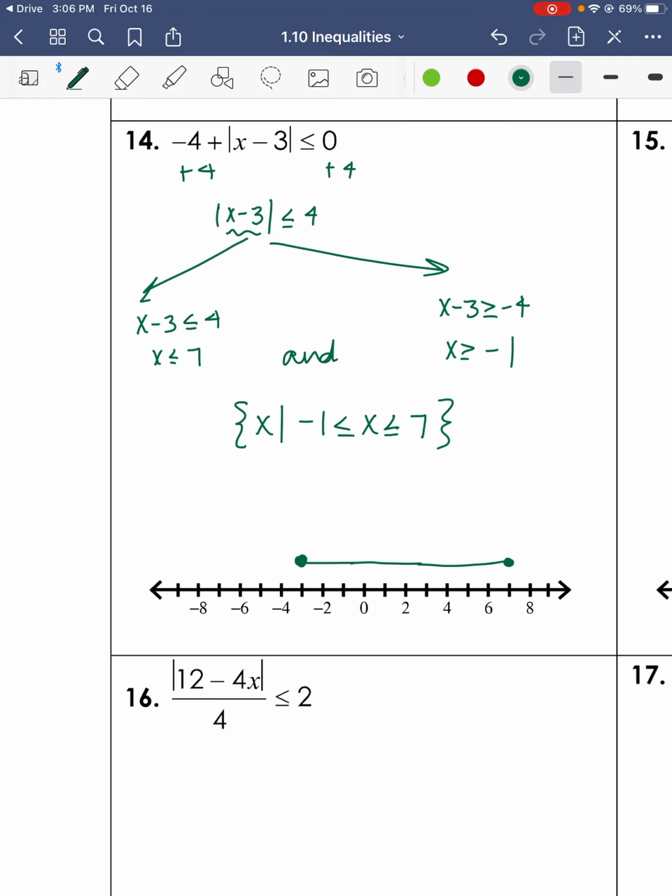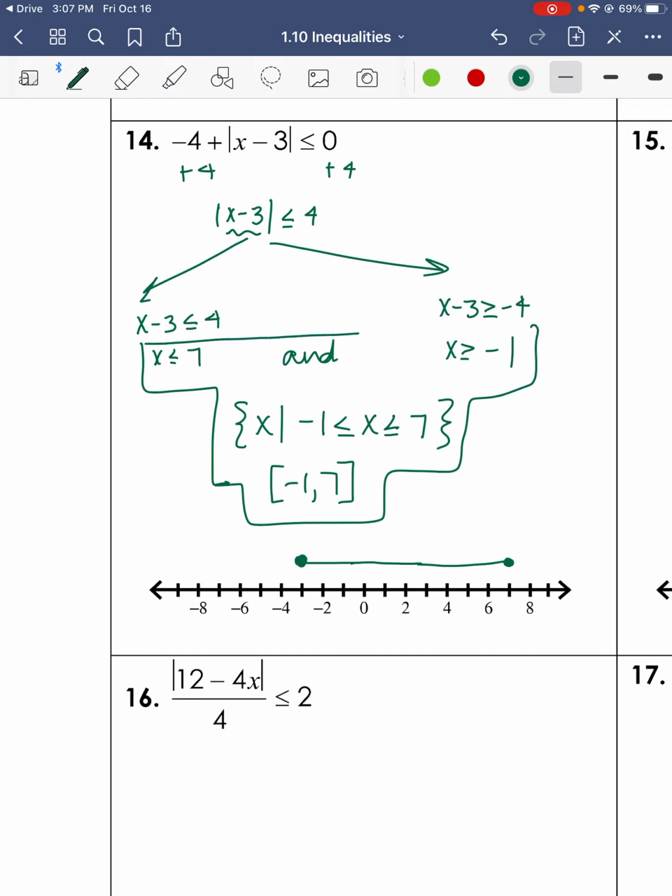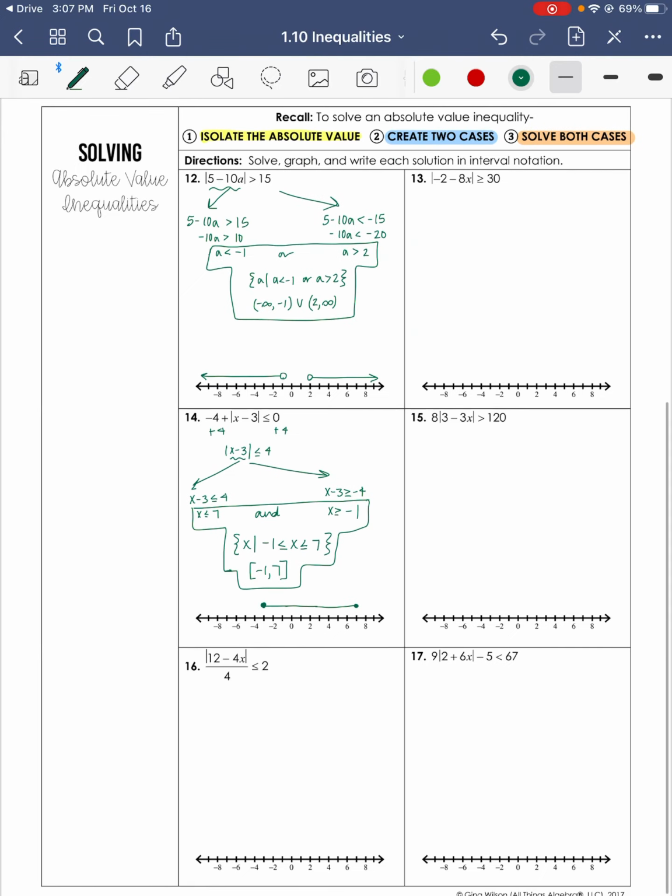Remember, when you have the and type of compound inequalities, you can write the two conditions as one statement. And then in our interval notation, both bounds are included, so we'll have negative 1 to 7 with brackets. Okay, so here is our solution set written three different ways and then graphed.